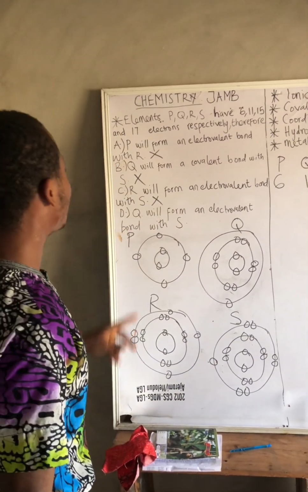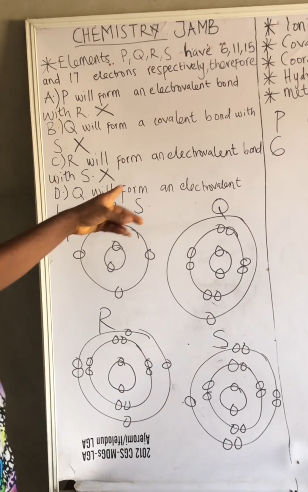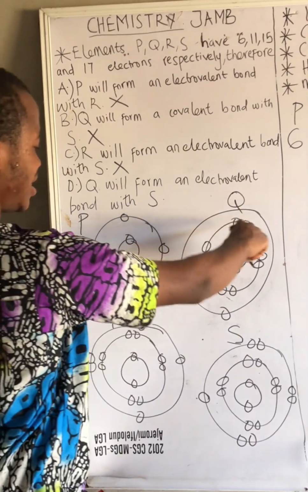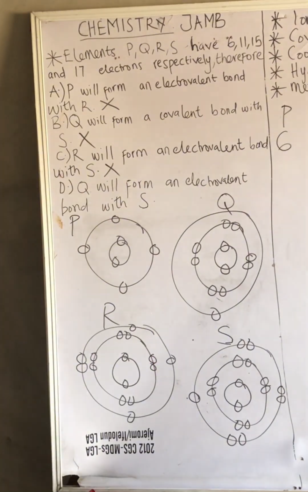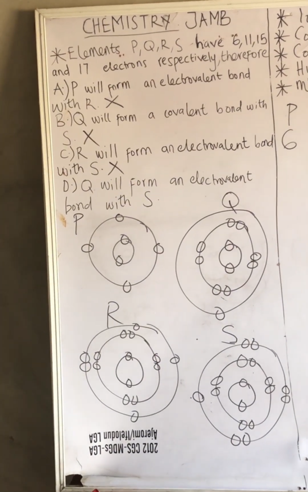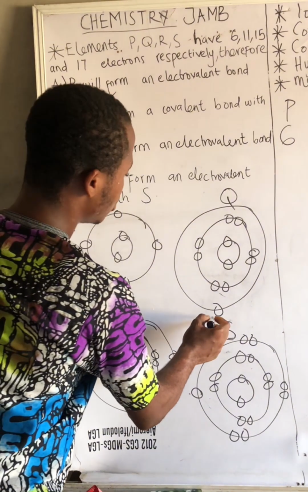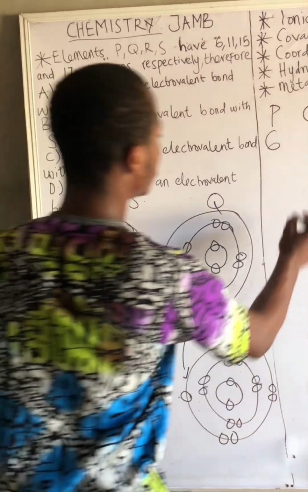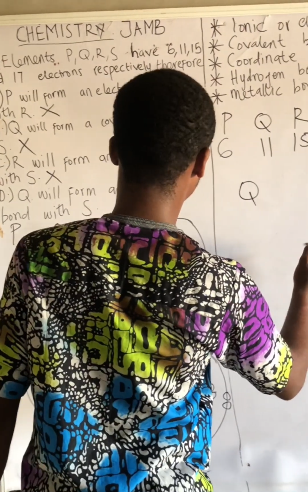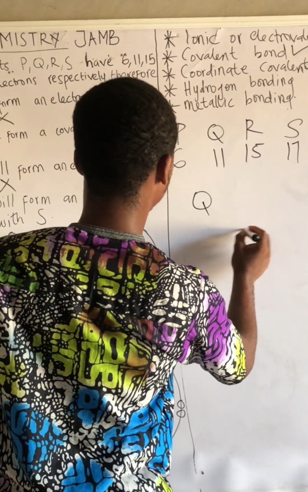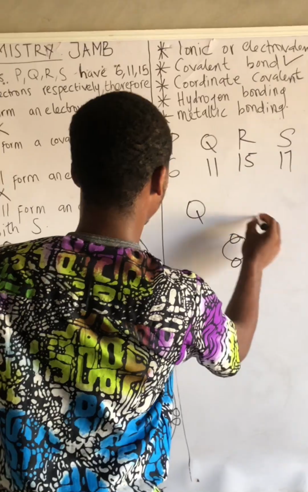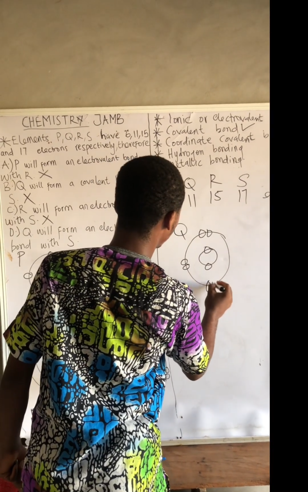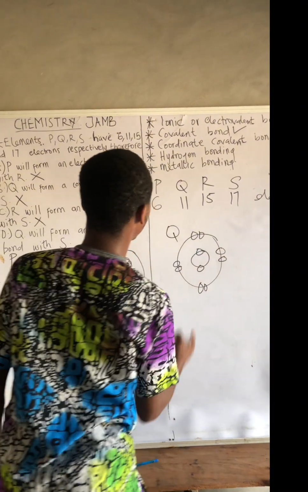For the last one, Q will form an electrovalent bond with S. I think this is going to work because Q can transfer just 1 electron to S, and then Q will have this type of structure. It will lose 1 and become an octet structure, so it's already balanced.